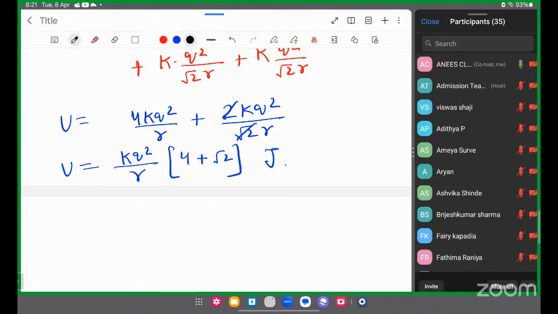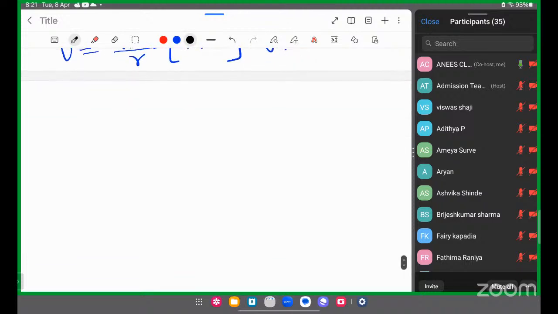So electric dipole is completed and potential is also completed. From electric dipole, the question will be again simple. Let's say we have a dipole with charge 2 coulomb, so this will be minus 2 coulomb, this will be plus 2 coulomb, and the distance between these two charges is 1 centimeter.